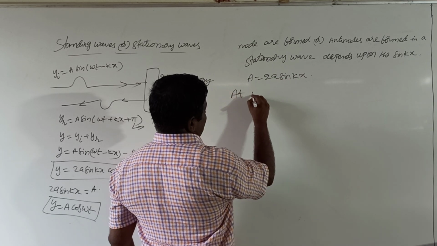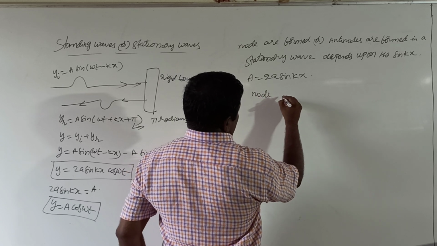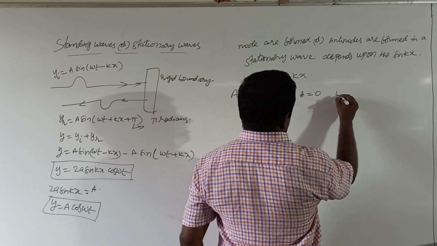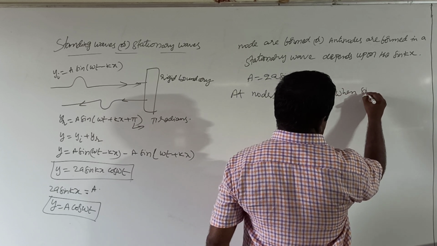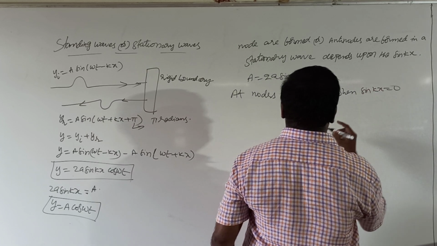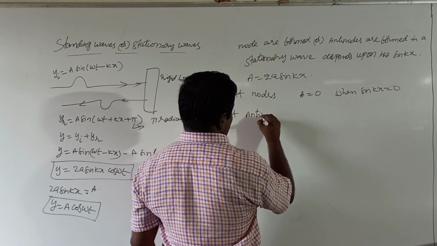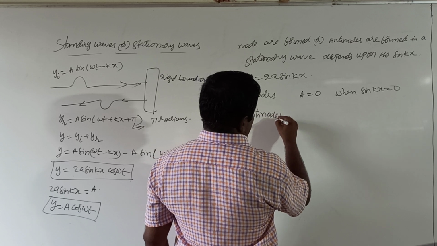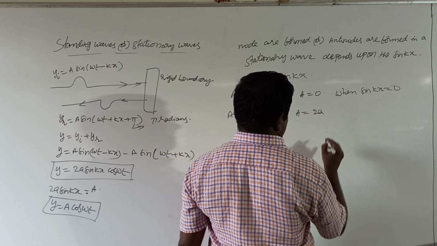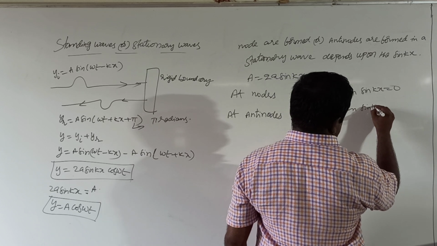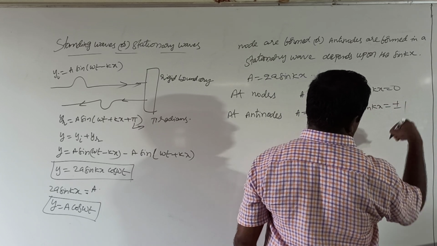For nodes, the amplitude A equal to 0 when sin kx equal to 0. For antinodes, the amplitude becomes maxima, capital A equal to 2a, when sin kx equal to plus or minus 1.